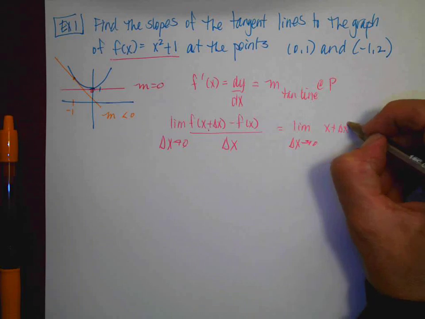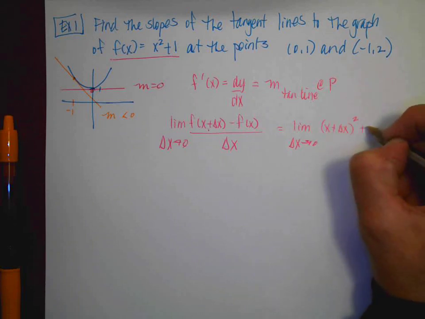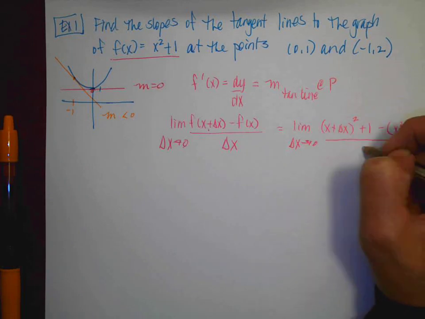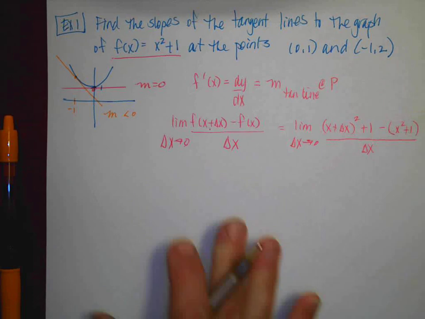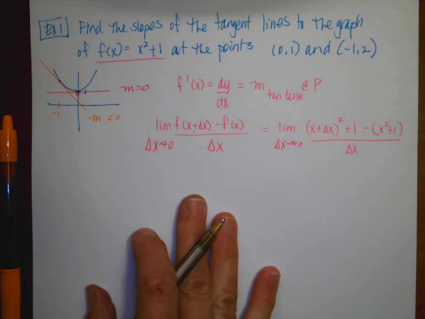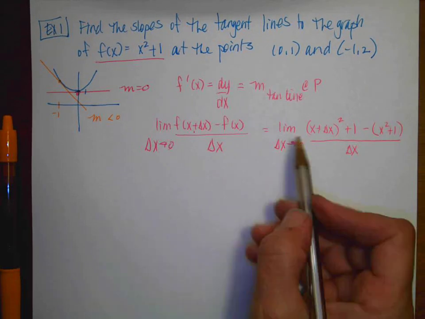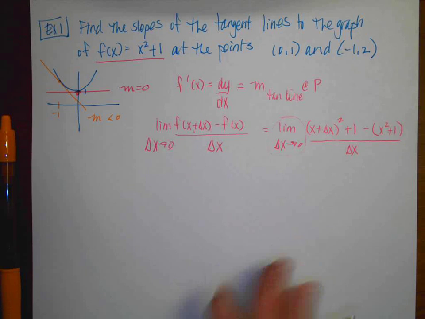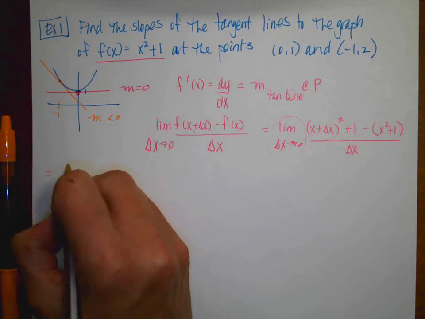So it's going to be x plus delta x quantity squared plus 1 minus the original function x squared plus 1 over delta x. Okay, and it is very important that you show all of this math. You may not skip steps. You also have to carry this notation throughout the problem until you do your direct substitution.